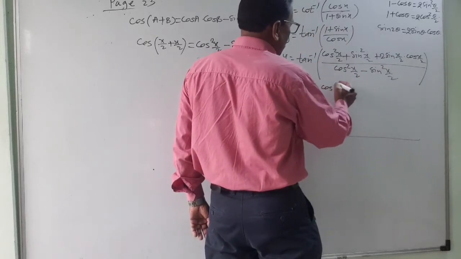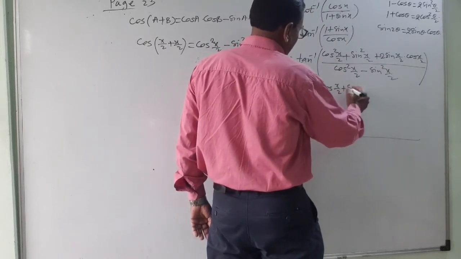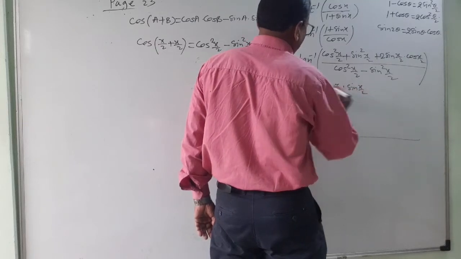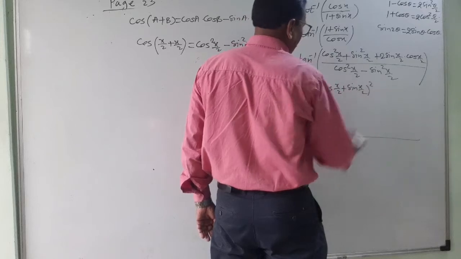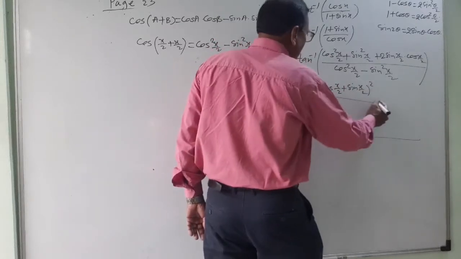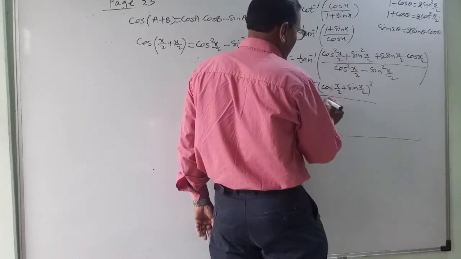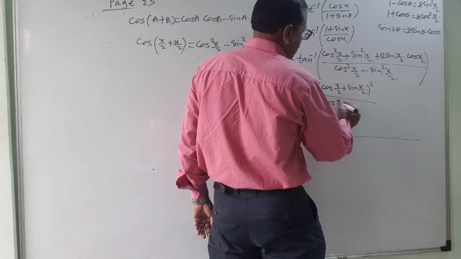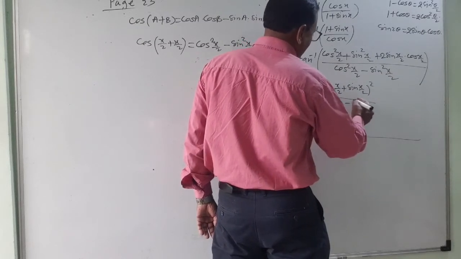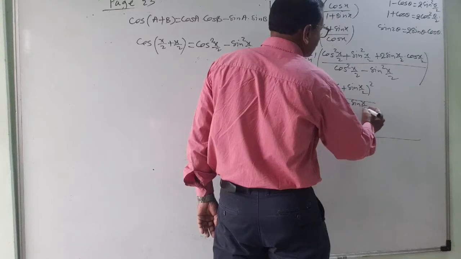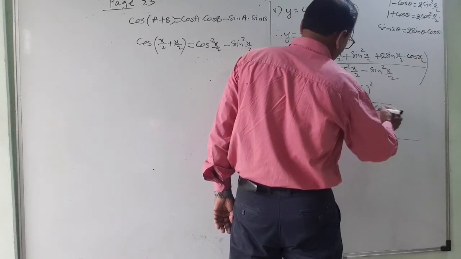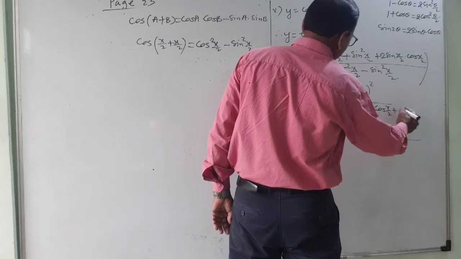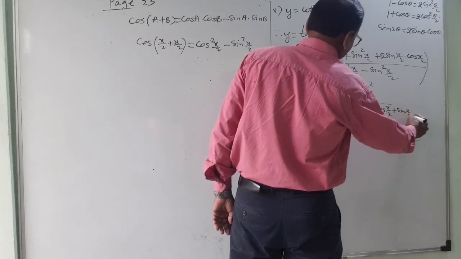So cos of x by 2 plus sin of x by 2, its square, and in the denominator a square minus b square, a minus b into a plus b, means cos of x by 2 minus sin of x by 2 into another bracket cos of x by 2 plus sin of x by 2.